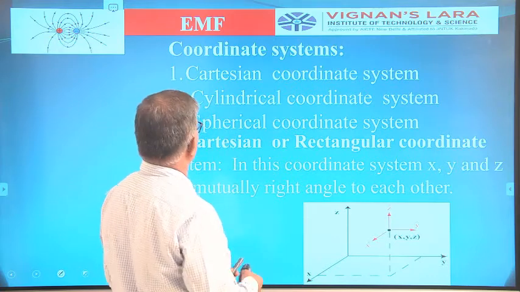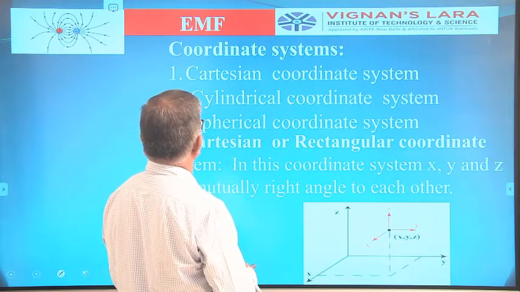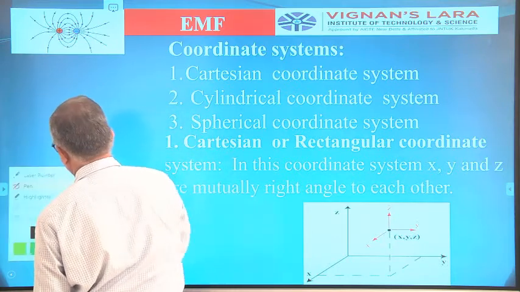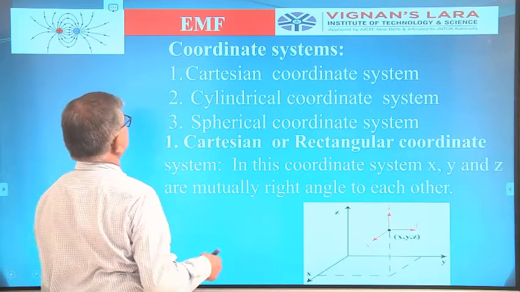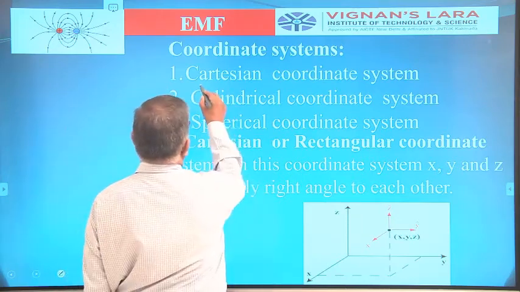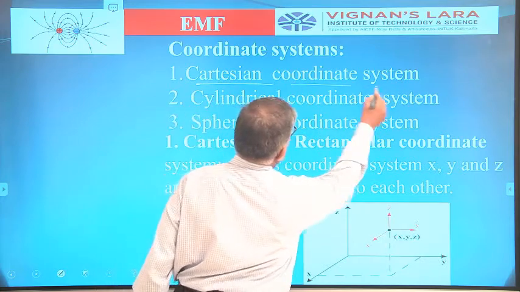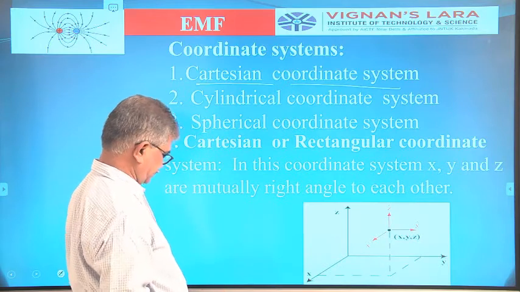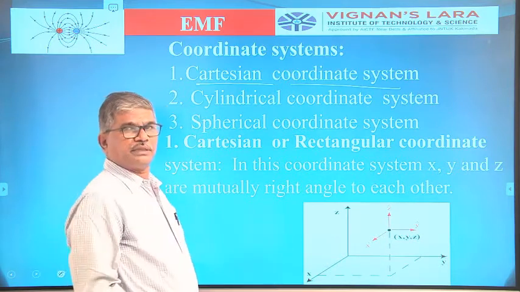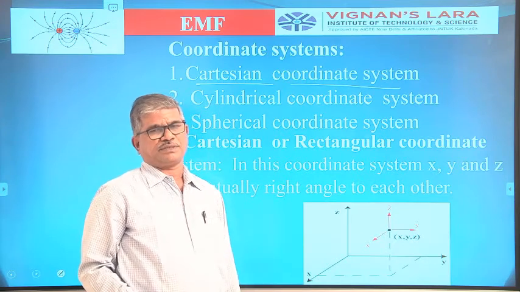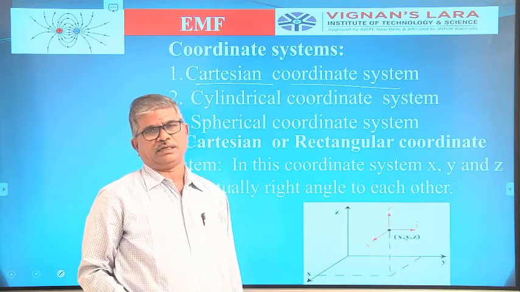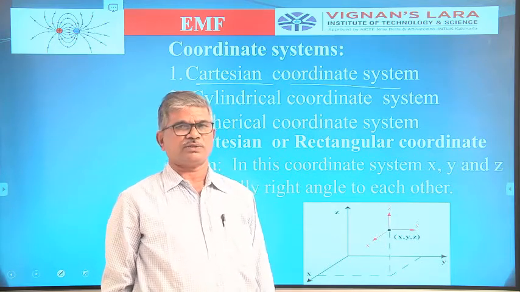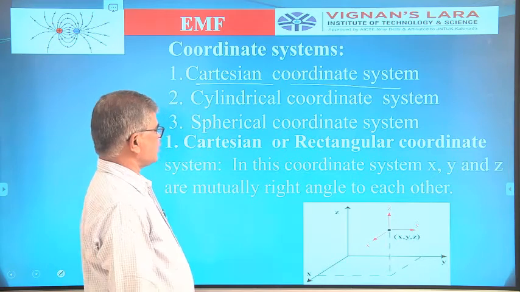What do you mean by Cartesian coordinate system? In the Cartesian coordinate system, the coordinates x, y and z are mutually perpendicular to each other, normal to each other.